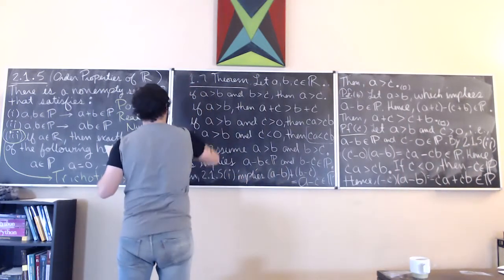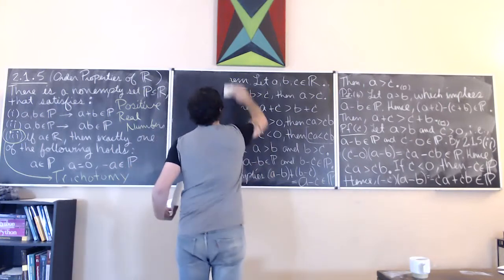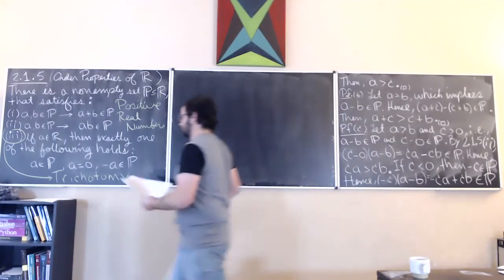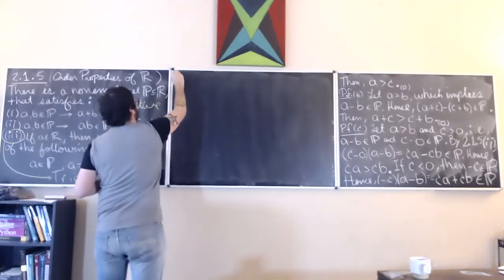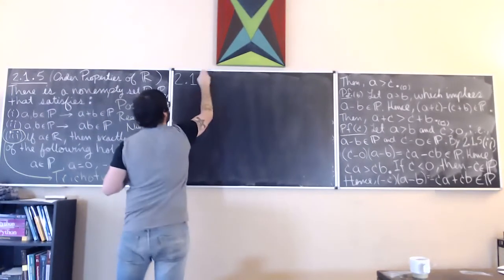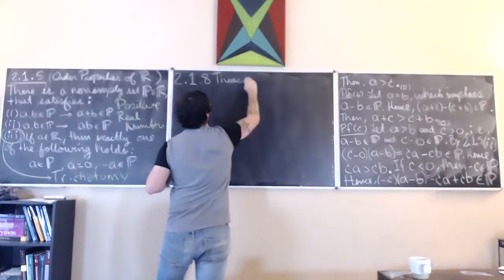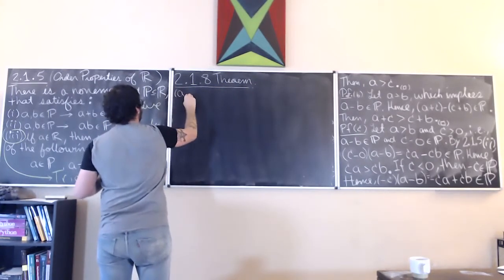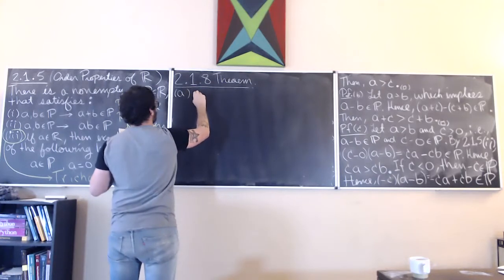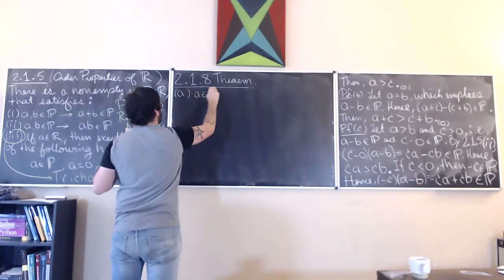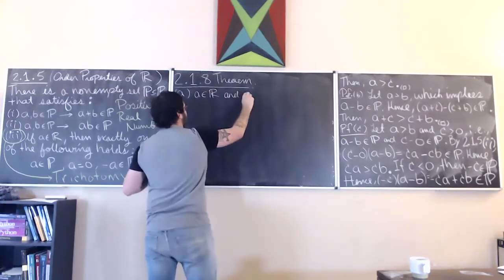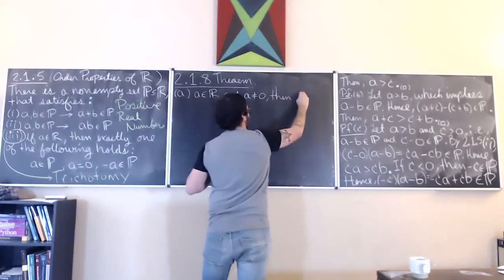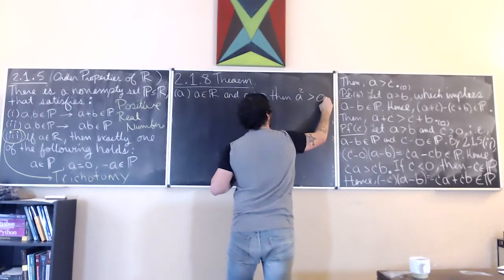Okay, so next theorem. This is 2.1.8, theorem. Part A: if A is in R and A is not equal to 0, then A squared is greater than 0.